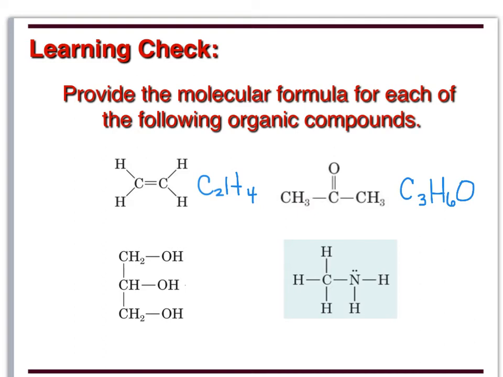So again, doing the same order for this one, I've got 3 C's, and if we count up our H's, we've got 8 H's, and then we've got 3 O's. And then the last one, we've got 1 C, 5 H's, and 1 N.